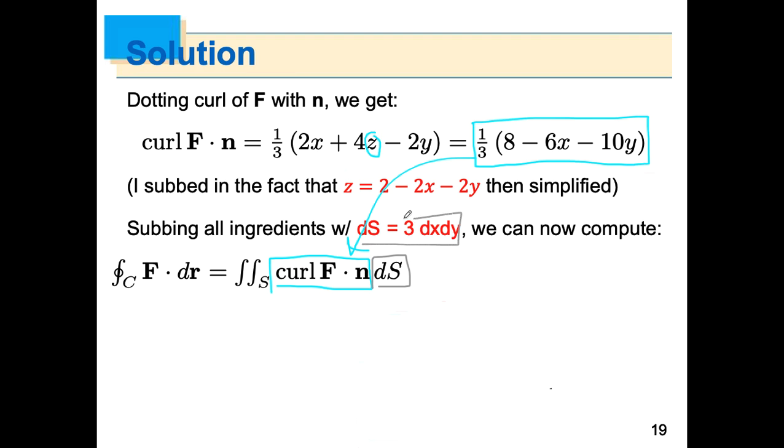That's going to be replaced here. If you're wondering where the 1/3 went, the 1/3 in this curl of f dotted with n canceled out with the 3 in the ds. So there's no more 3, and we're left with just 8 minus 6x minus 10y.